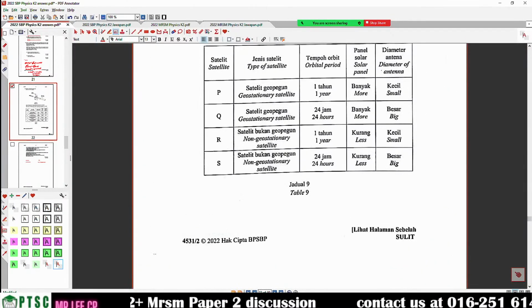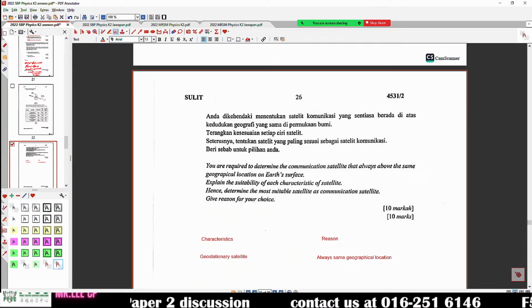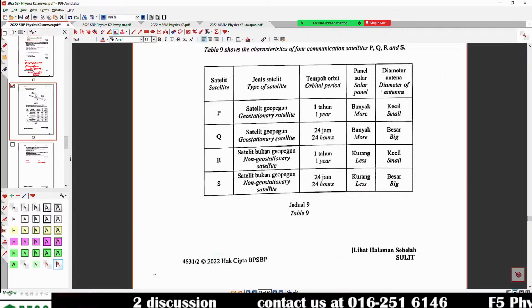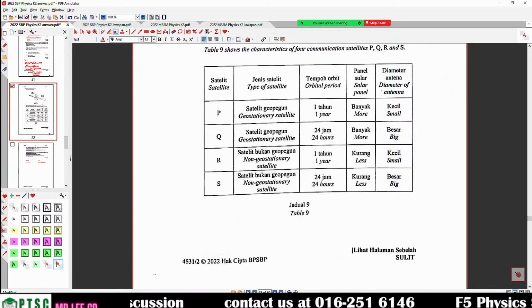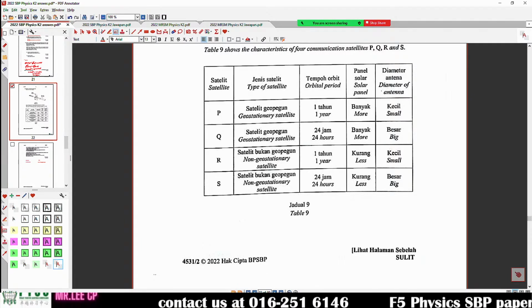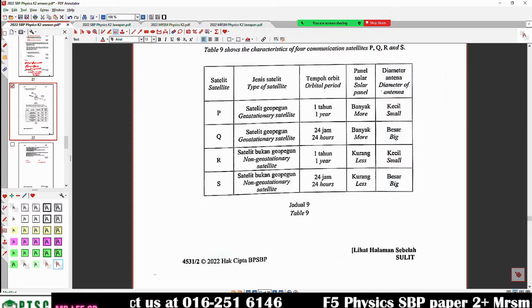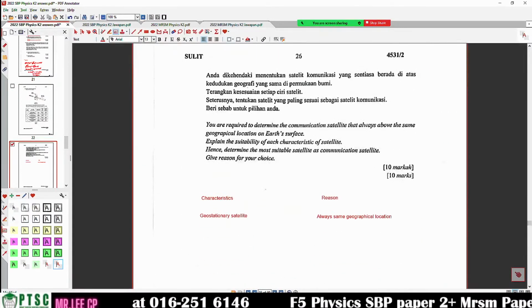Now, I know the answer later you will see is different, because I saw the answer before. So the answer will be different, but I don't agree with the answer. I will explain to you why. The orbital period will be 24 hours.